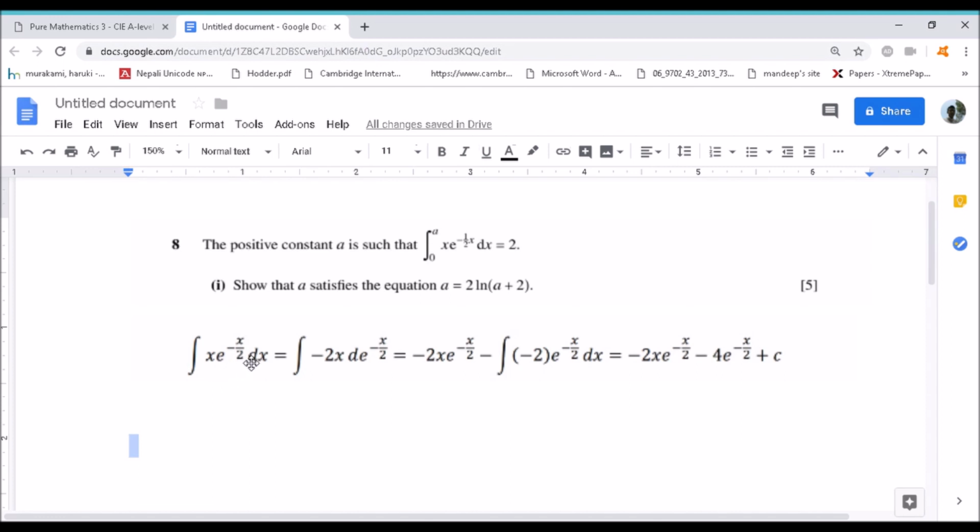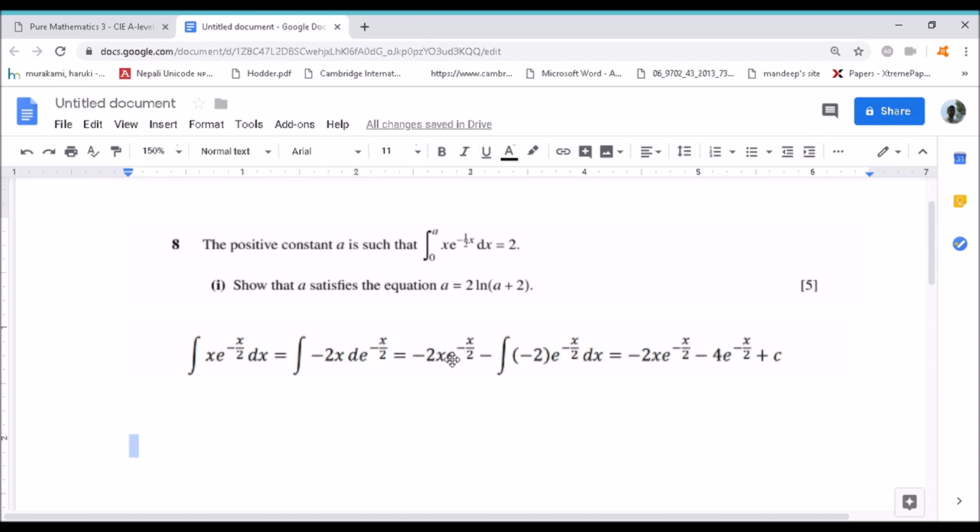x e^(-x/2) dx. First we have to integrate e^(-x/2). Integrating e^(-x/2) gives -2x e^(-x/2). It is a simple integrating rule, I think you can see this.